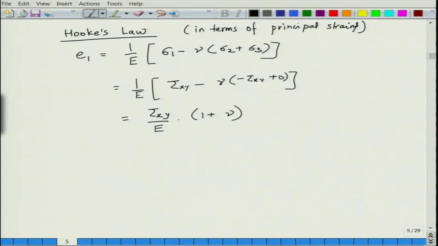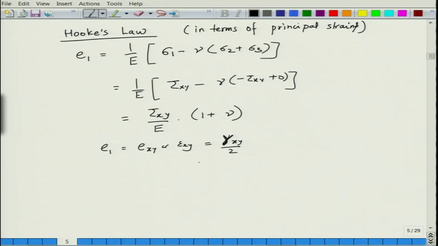This is what your E1 value is going to be, and E1 is nothing but E xy, or you can say epsilon xy, which is related to gamma xy divided by 2, as we saw earlier that tensorial strain is equal to gamma xy divided by 2.